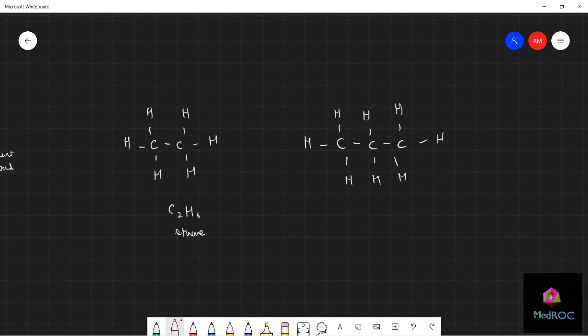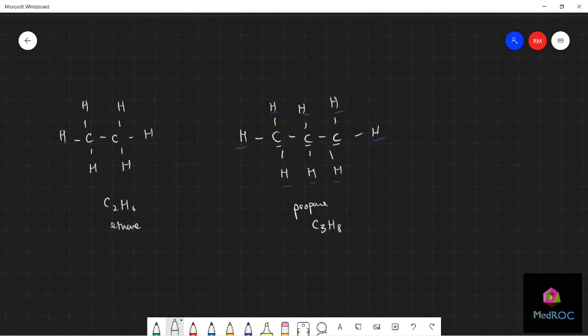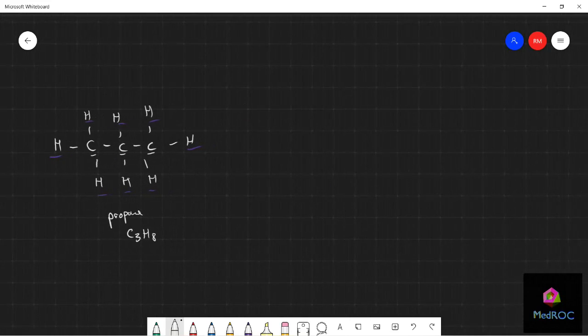Now, propane has the formula C3H8. And we can see that it has 3 carbons, 1, 2, 3, and it's got 8 hydrogens, 1, 2, 3, 4, 5, 6, 7, 8. And the final hydrocarbon I'm going to look at here is butane.